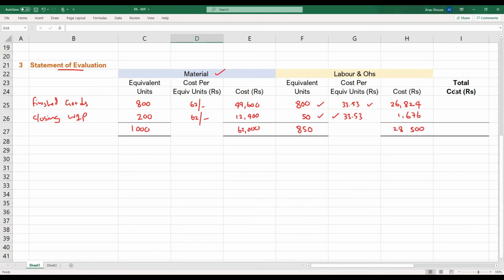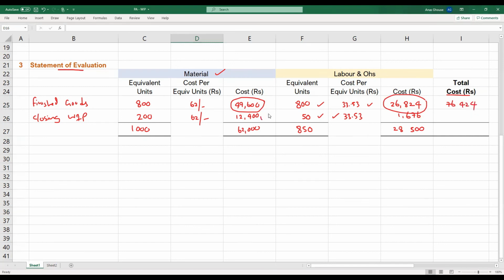So what will be the total cost? The total cost will be 49,600 plus 26,824. So that will be 76,424.